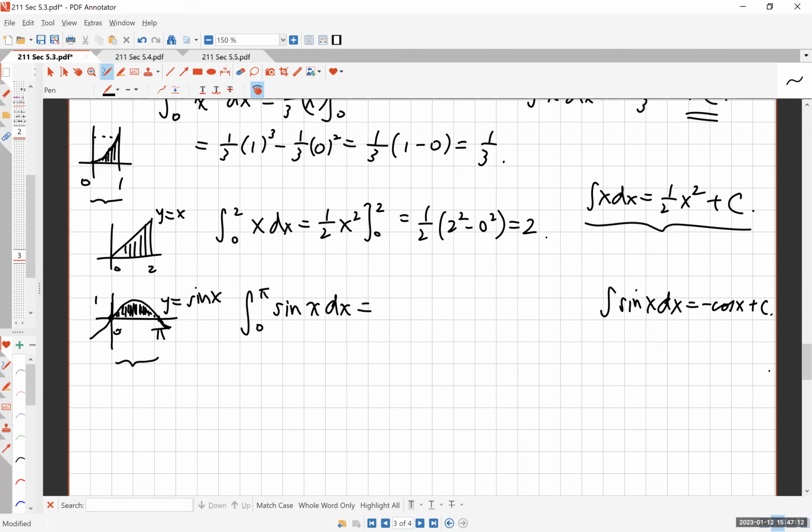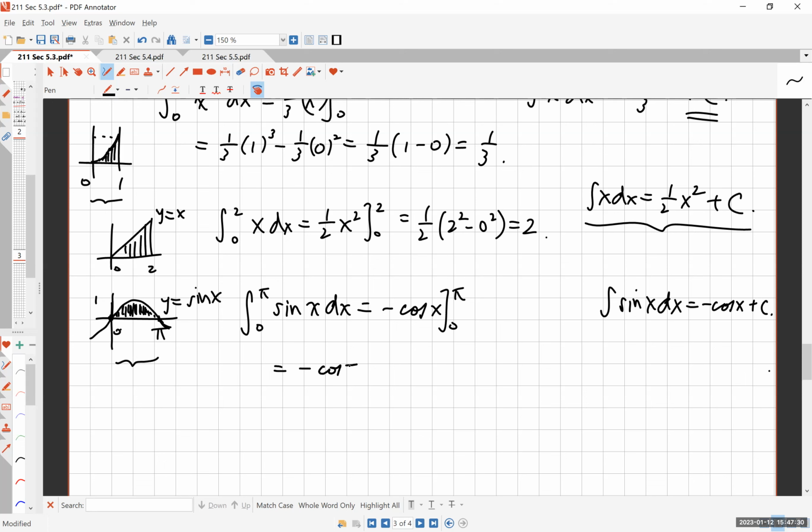So this is the formula we are going to use. This will be the antiderivative, negative cosine of x, evaluated at 0 and pi. Now, you have to be very careful when you have a negative sign because you'll see all kinds of negative signs here. This says it's negative cosine of pi minus negative cosine of 0. Okay, that's exactly what it says.